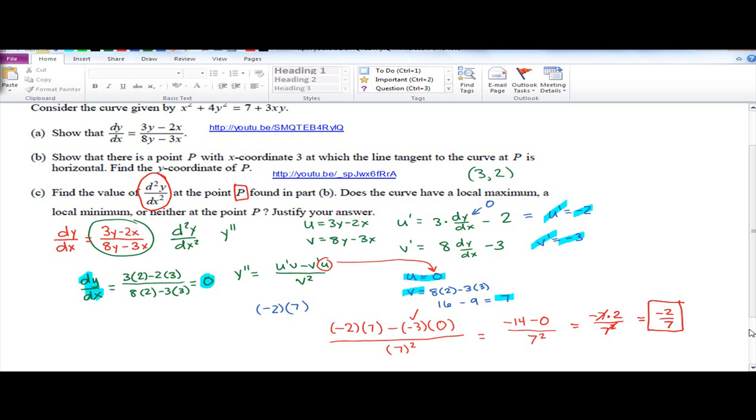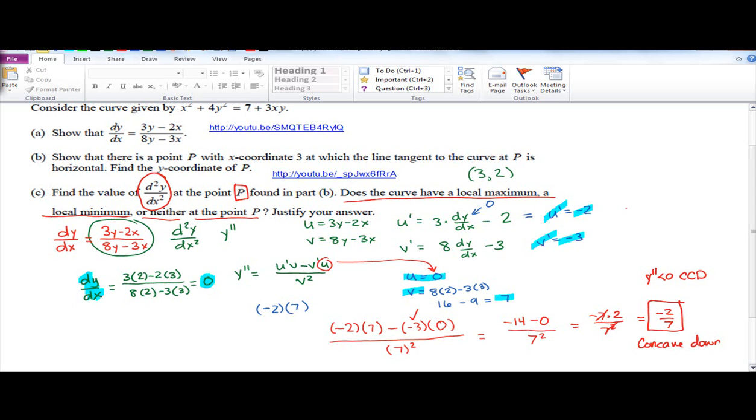at point P. That means that I'm concave down, because whenever y double prime, or the second derivative, is less than 0, we have a concave down behavior. So they've asked, does the curve have a local maximum or a local minimum, or neither, at point P?